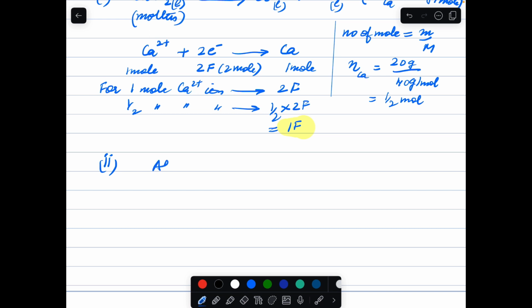Aluminium oxide, Al2O3, in molten form, that is liquid form, will have aluminium ion, which is tri-positive ion, plus oxide ion. So we will write down here the oxide ion.